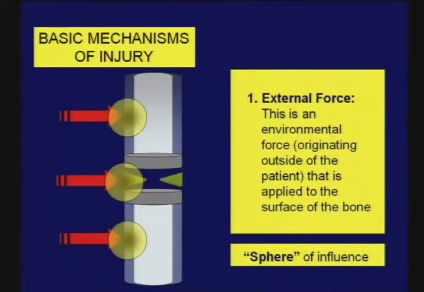So the sphere of influence and the findings we would see on MR would be those in the soft tissues adjacent to the surface of the bone, those within the cortex, and those within the spongiosa toward the side of the impact force. It is extremely unusual for an external force to involve the end of a bone.